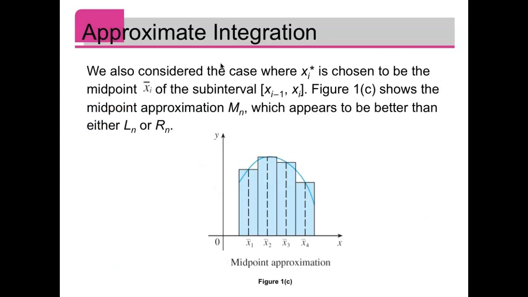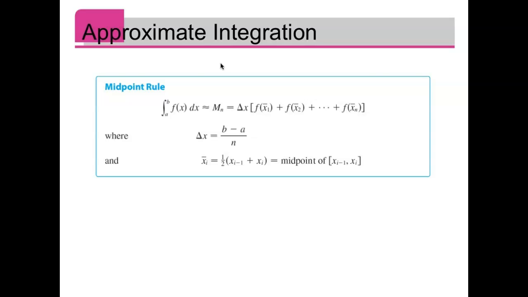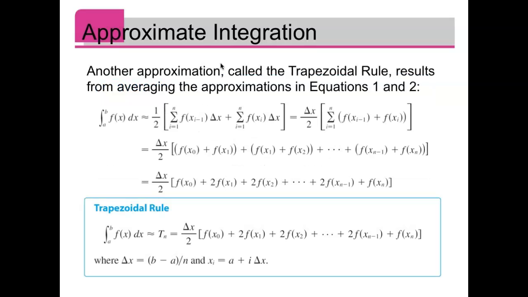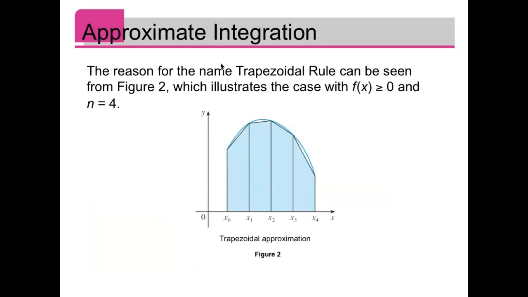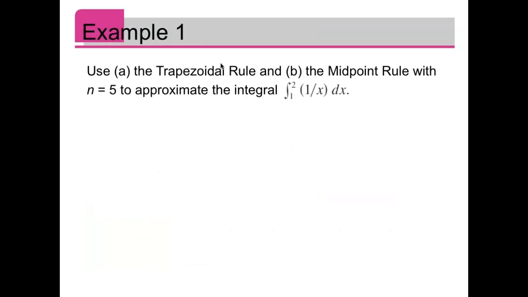Let's do it. I'm not going to bother with any of these notes. I'm going to talk about the trapezoidal rule in a moment, but we've already actually been doing the midpoint rule. So I'm going to kind of do this in reverse. Let's start with the midpoint rule. Here, I'm going to do B first.